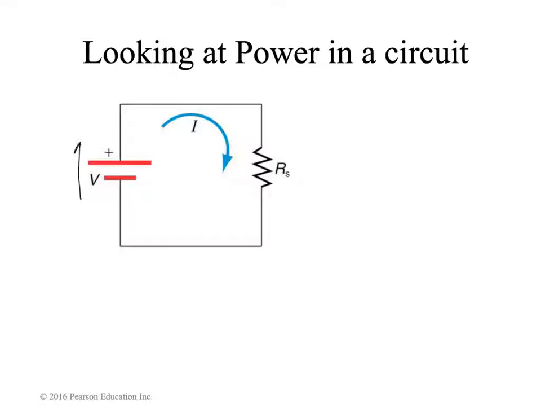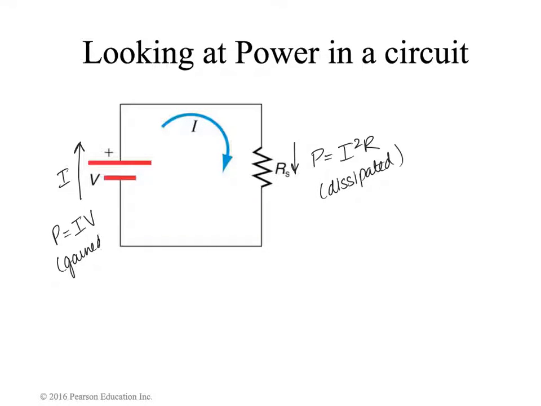As the current goes through this battery, the power, the rate at which energy is gained, is equal to I times V. But then when we go through the resistor, the power that's lost can be expressed as I squared R. So it's related to both the current and the resistance. This is the power that we say is dissipated, it's lost, while this is the power that was gained. We might ask how the power is lost, and one of the ways is through heat that's given off as the current goes through the resistor.